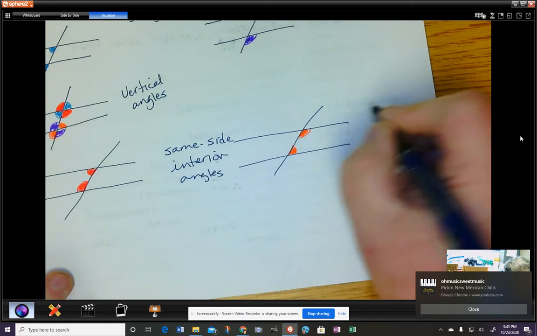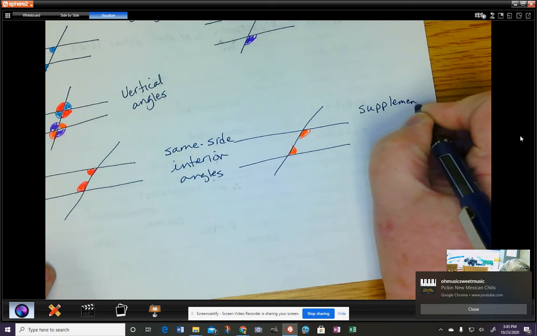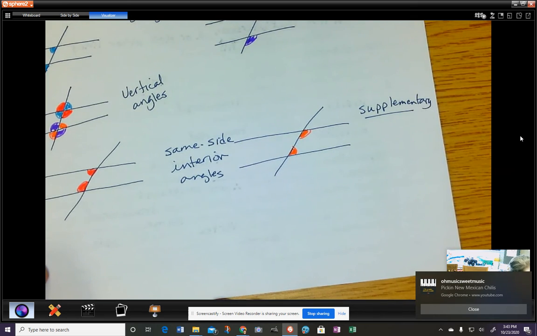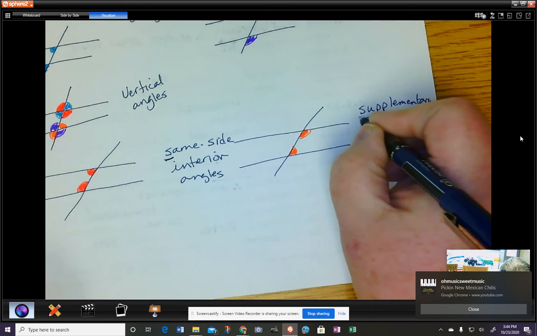They are supplementary. What does supplementary mean? They add to 180. If they start with an S, they're going to be supplementary.